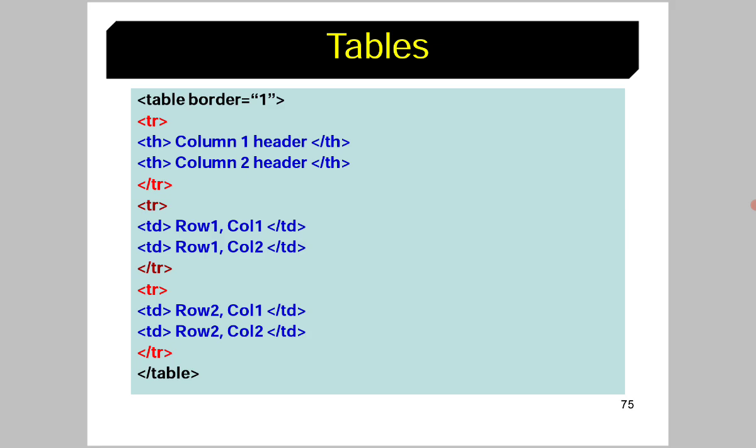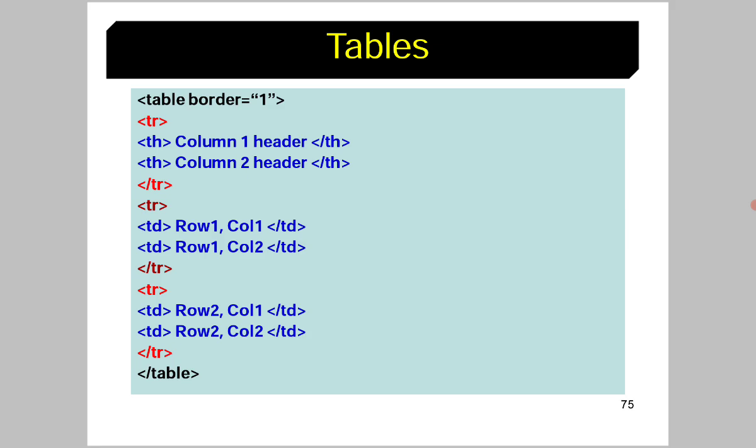After creating the table tag, you may write the tr tag, tr slash tr, and within the tr tag you may write the th tag. What is the th tag? The th tag is table heading, also called table headers. After writing the tr tag, you write the th tag.